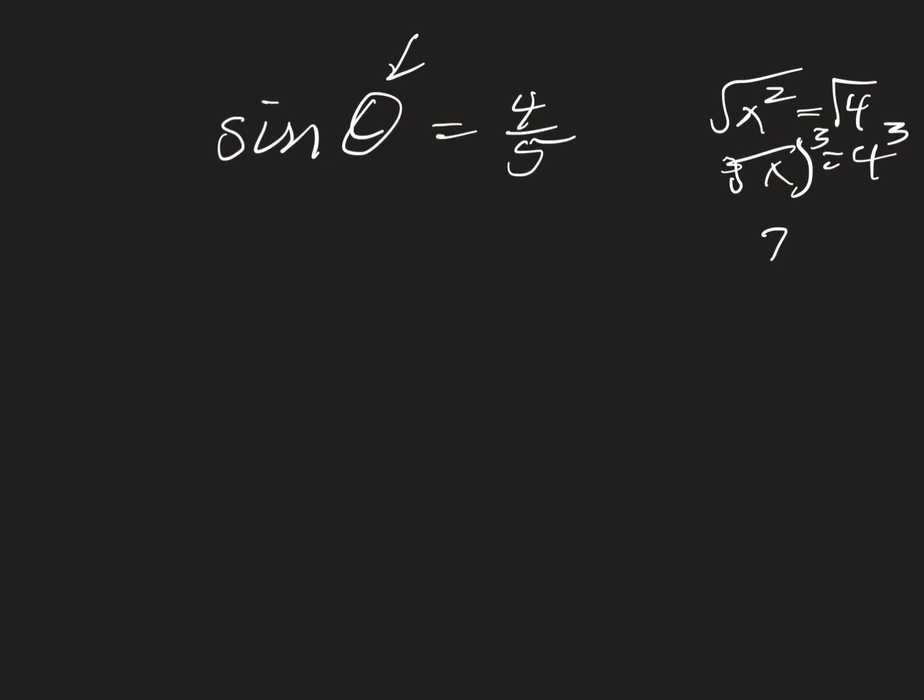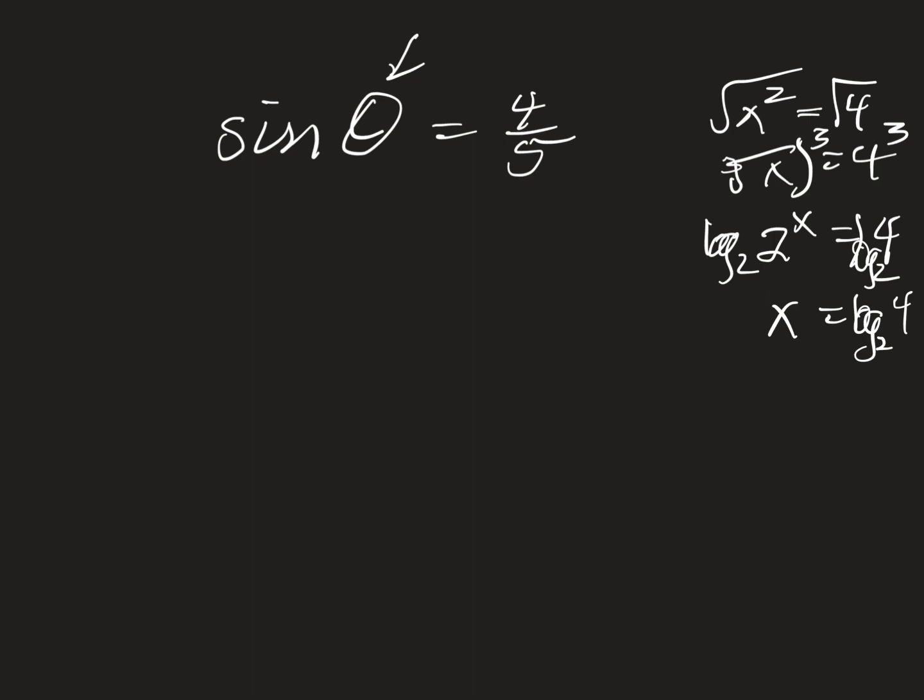Also, if we had 2 to the x equals 4, then we would take the log base 2 of both sides. So x would be the log base 2 of 4. And so those are kind of the experiences we have with inverse functions.